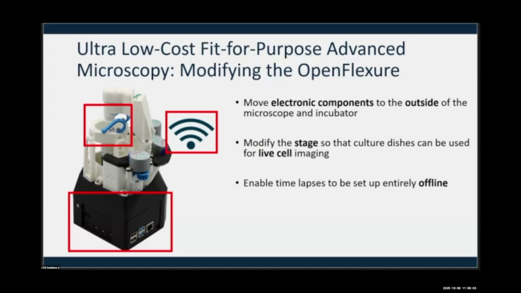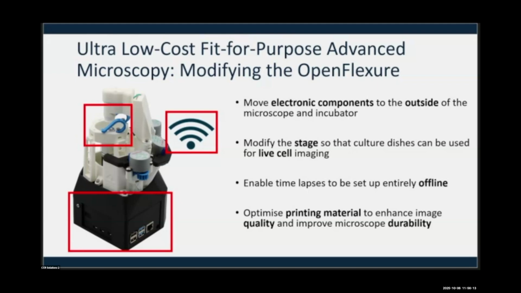So we wanted to enable the microscope to be operated completely offline and be able to do more advanced microscopy without an internet connection. And we also did a final project, which was a very excellent thing to work with an undergrad student who worked on this, which was optimizing the printing material required to enhance durability and improve image quality.